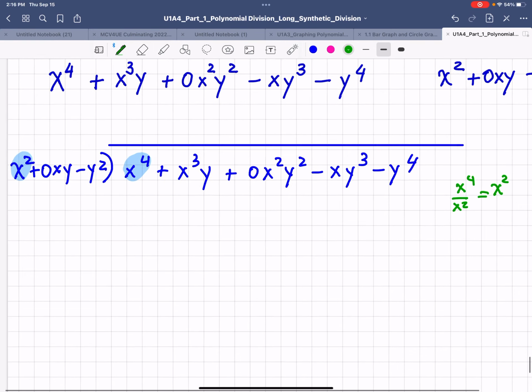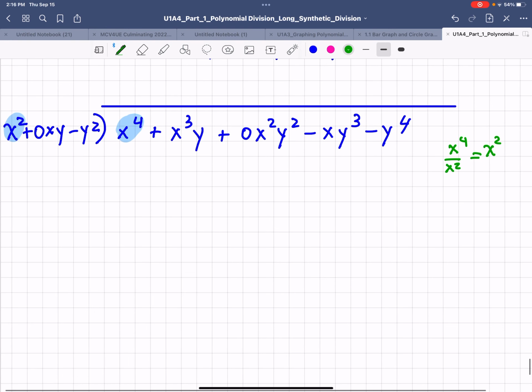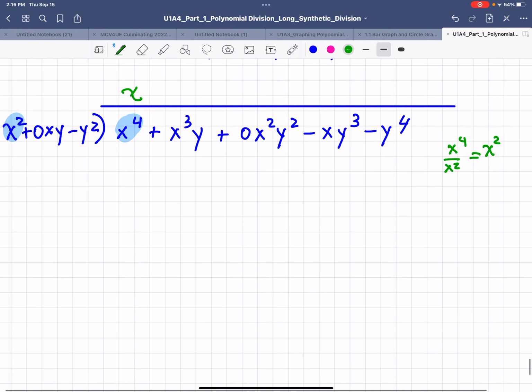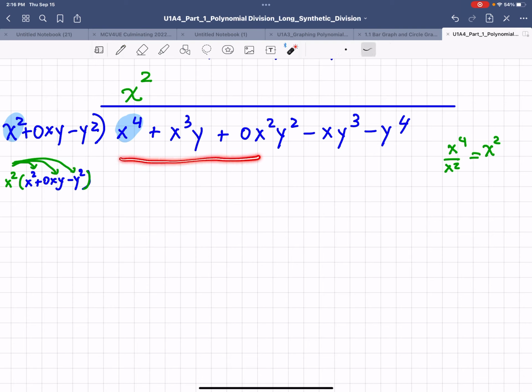So x squared goes into x to the 4 x squared times. So that will be our first term in the quotient. So we take the x squared and multiply it by the divisor x squared plus 0xy minus y squared. And whatever answer we get will be listed underneath each respective term.